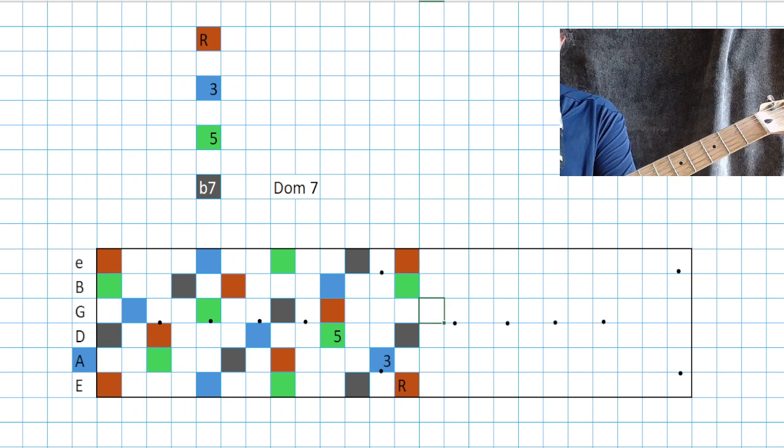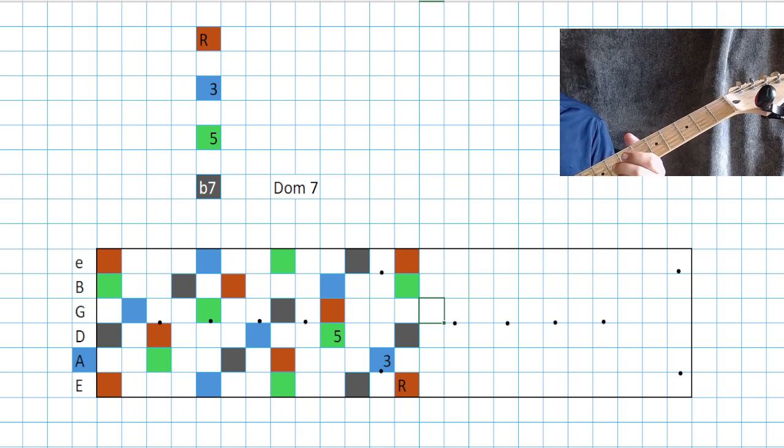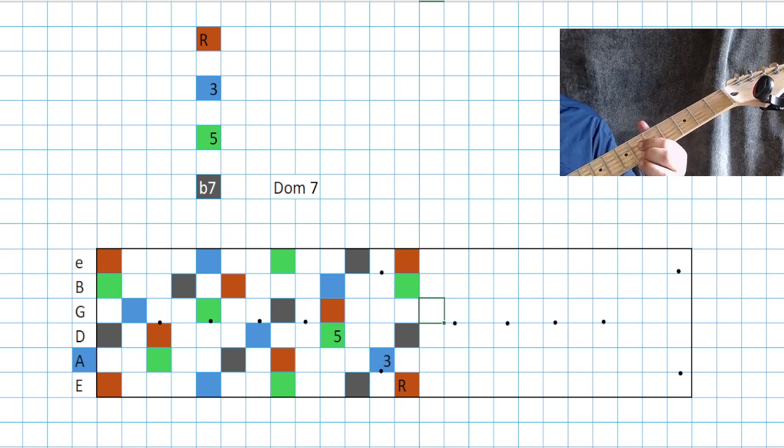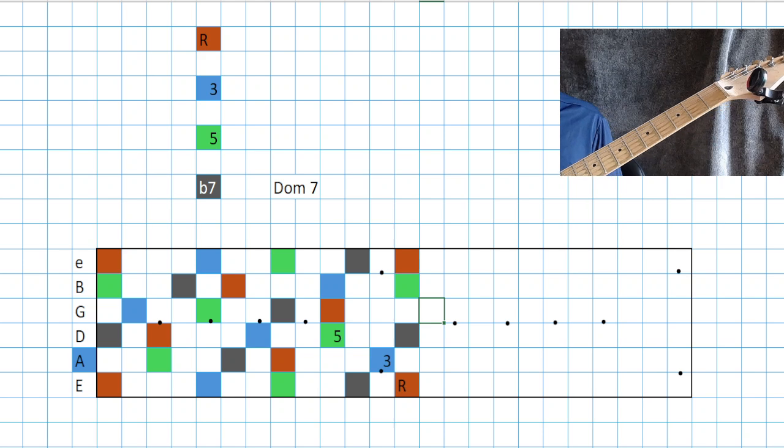So between this black and green right here, you've got a cool little double stop. Really cool.